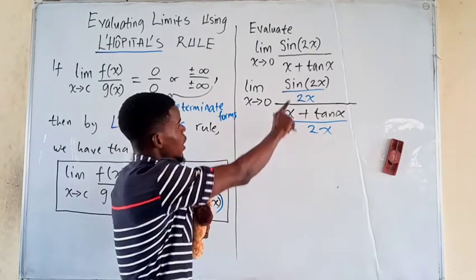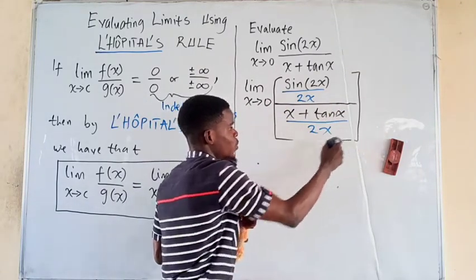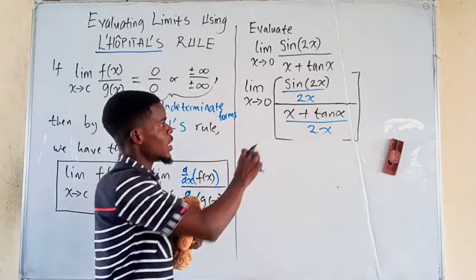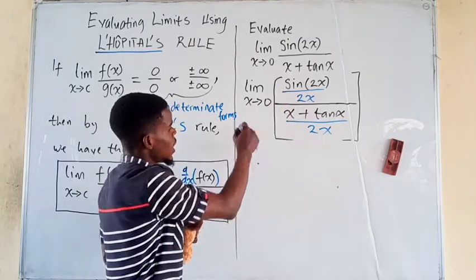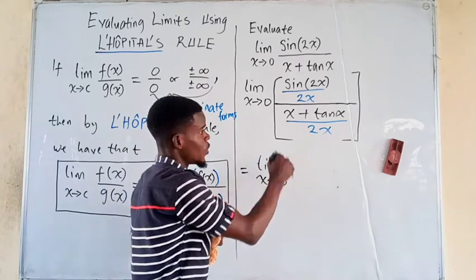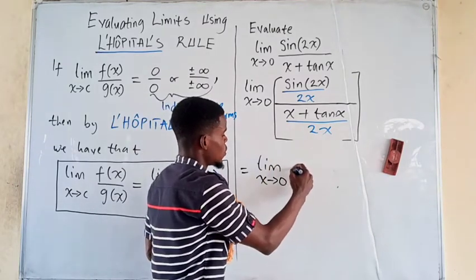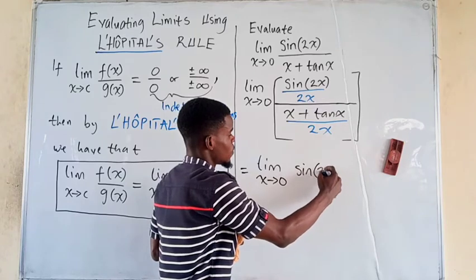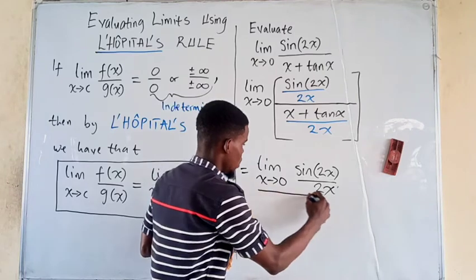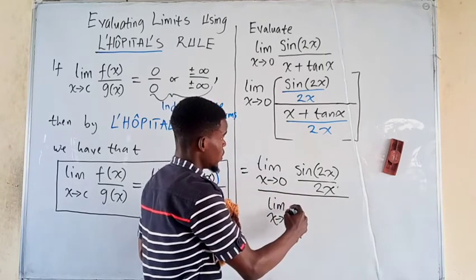And then we are going to see from one of our limit rules that the limit of the quotient is the quotient of the limits. That is to say, the limit as x tends to 0 of the numerator, sine 2x divided by 2x, divided by the limit as x tends to 0 of the denominator.